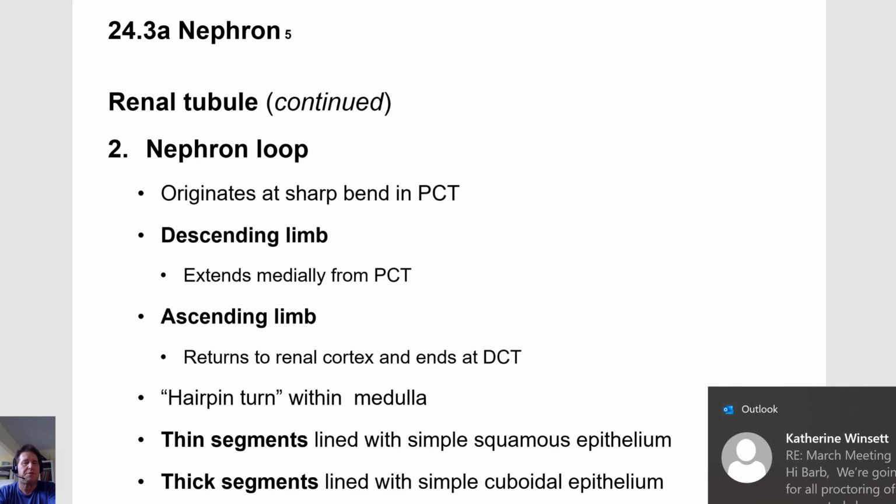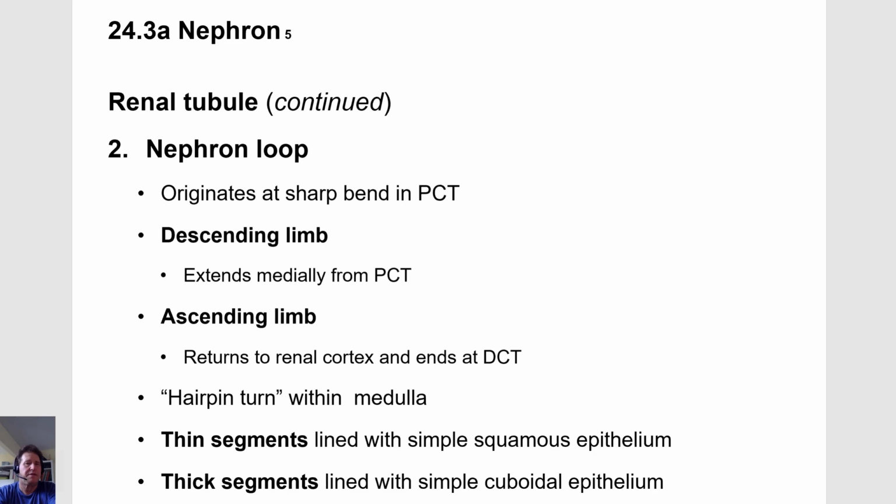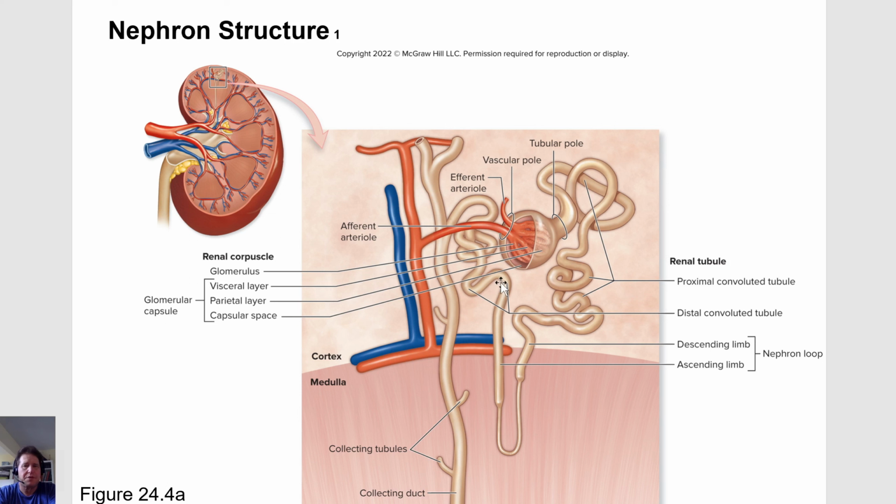So the nephron loop, let's go over to that then. Convoluted means it winds around like this. Proximal convoluted tubule. Now it goes to the nephron loop, and it loops down into the medulla.